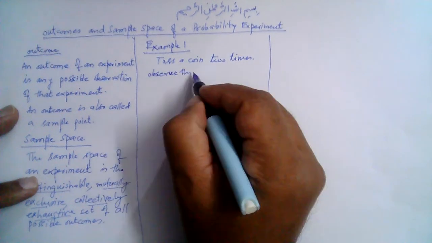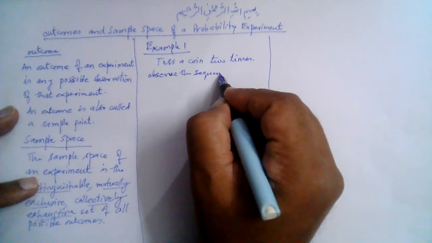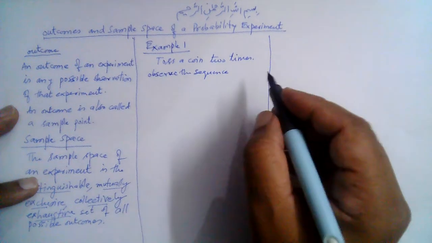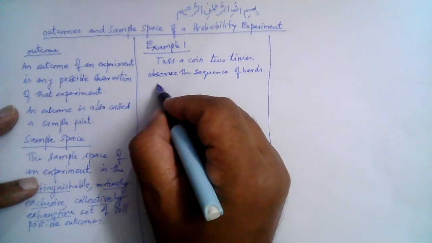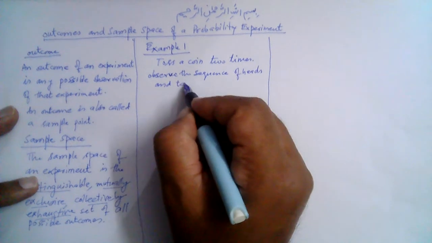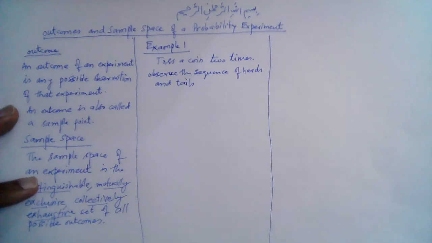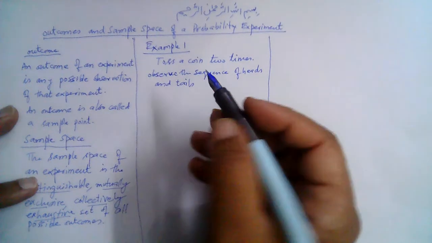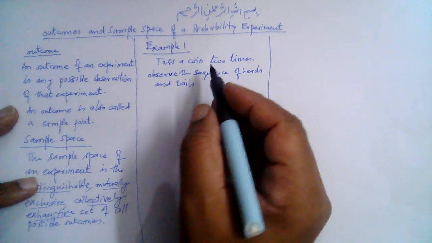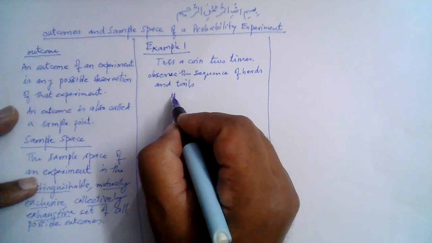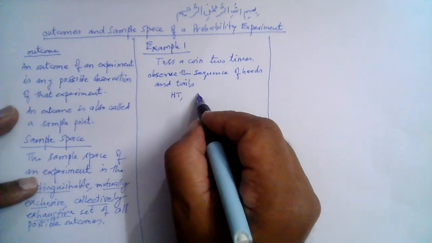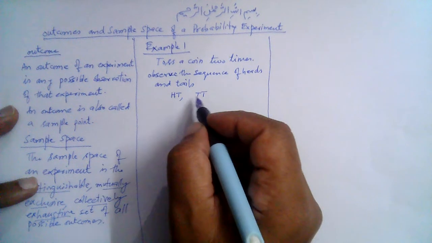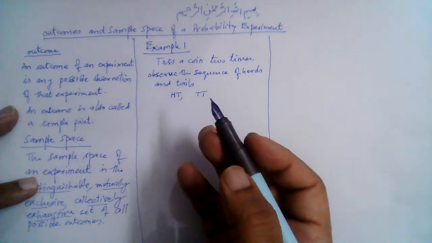the sequence of heads and tails, right? So for example, one possible outcome, if we toss a coin 2 times, is that in the first toss we get a head and in the second toss we get a tail, or we get both tails. These are two possible outcomes of the experiment.